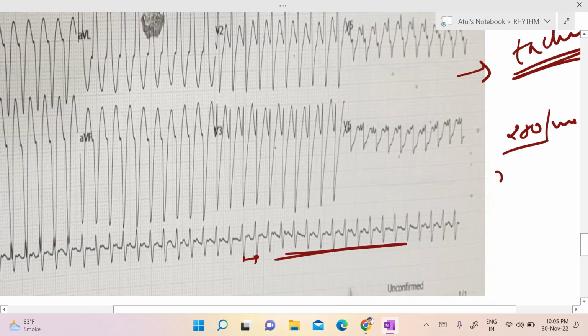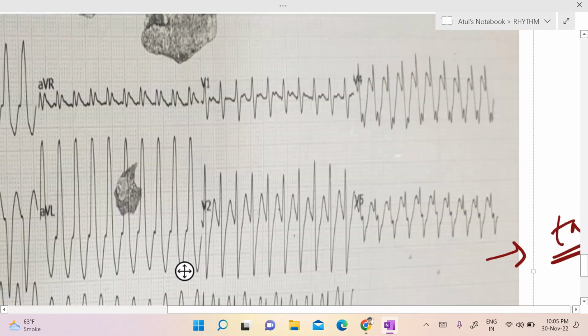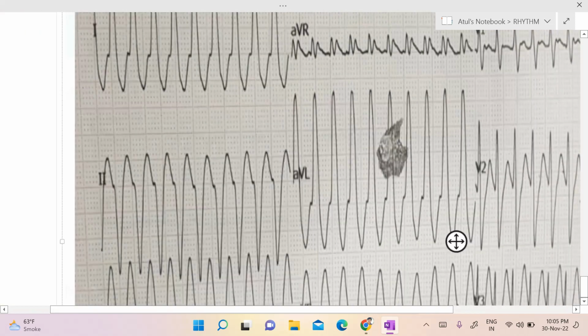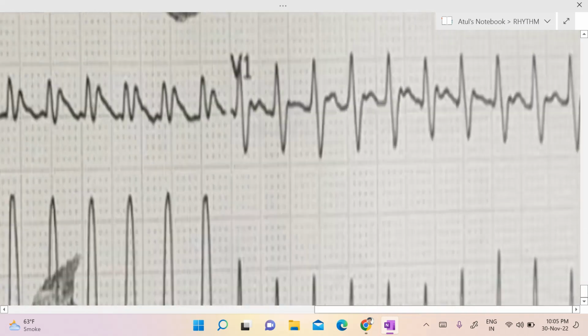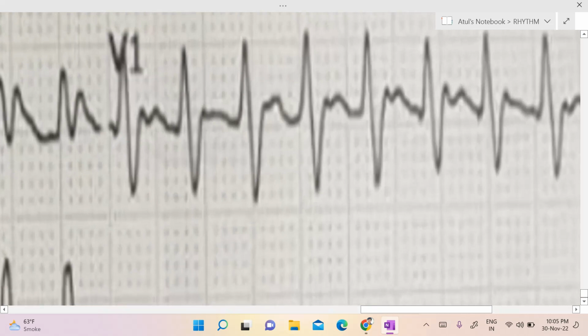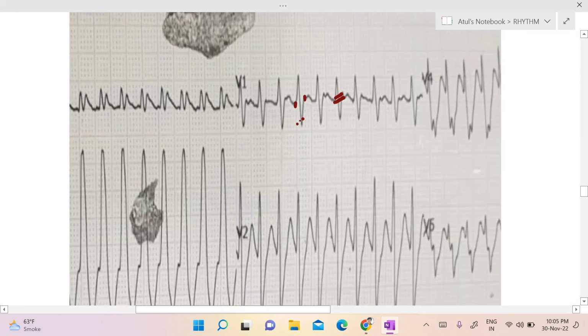This is regular. Narrow or broad complexes? Broad complex. Clearly we can see in V1 where the complexes are forming, 3 small boxes. So this is broad complex tachycardia.